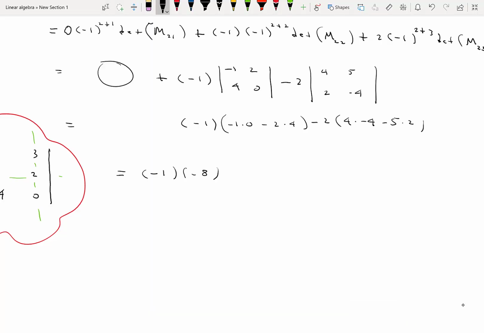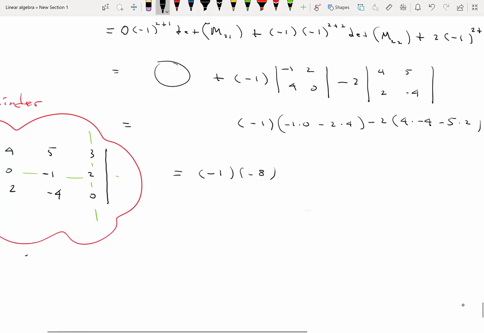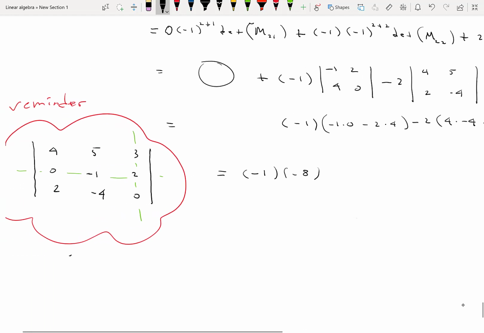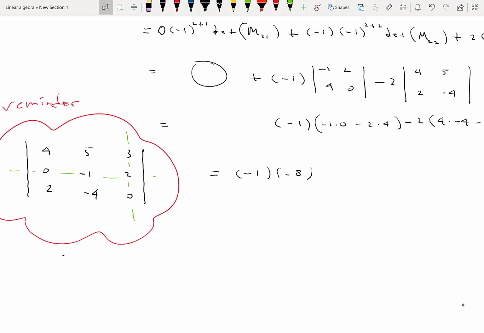I stopped the video real quick and discovered something you probably discovered, another error in my computation. That 2,2 minor is not correct, so I'm going to fix it. The 2,2 minor is 4, 3, 2, 0.